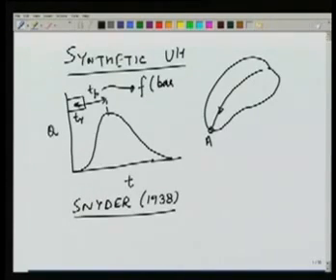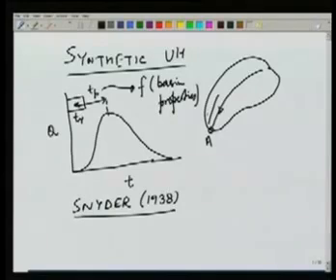So some basin properties can be used to obtain Tp. What Snyder did was the basin properties he described in terms of two main variables: length of the basin L, this is from the point A, the outlet point, to the water divide along the stream. So this length is not a straight line distance between 2 points, it's along the stream, curving length L.